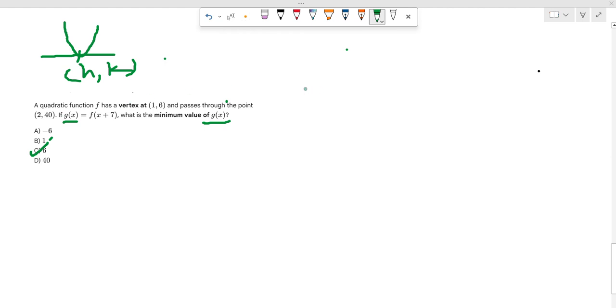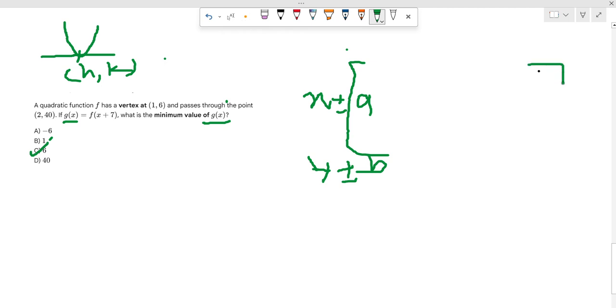When they say the function is shifted right by 2 units or left by 5 units, or shifted up by 5 units or down by 5 units, you have to memorize a formula, that is x plus or minus a, and y plus or minus b.